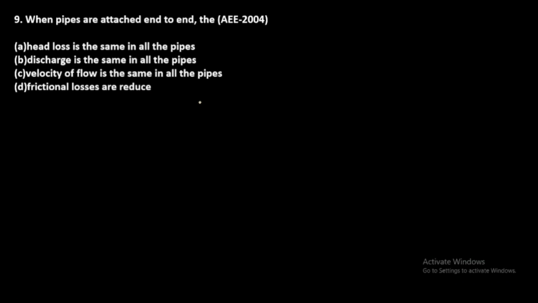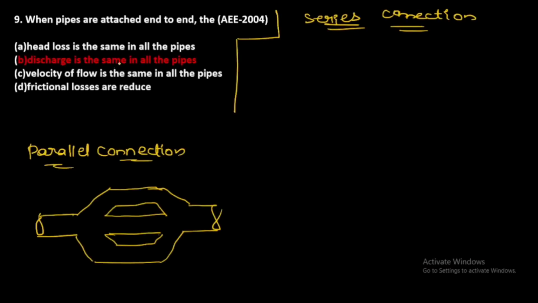Next question. Bernoulli equation is applied to: all of the above, venturimeter, orifice meter, pitot tube. Next question. When pipes are attached end to end, then option B, discharge is the same in all the pipes. What he is saying is, when pipes are attached end to end, it is a series connection.